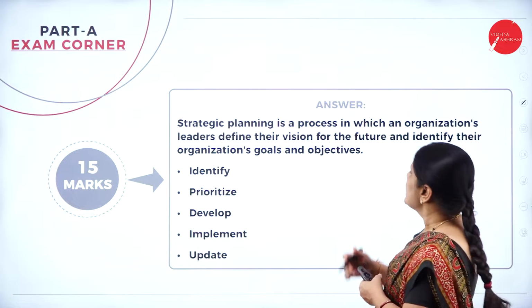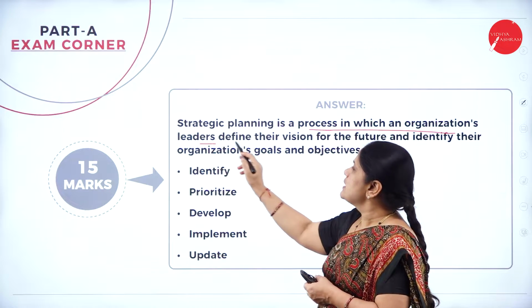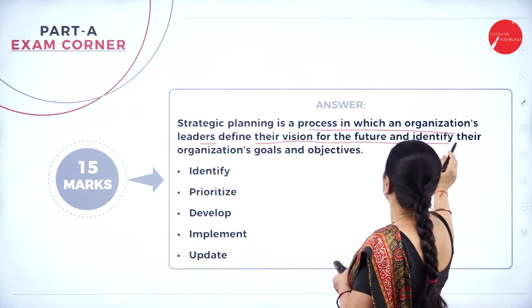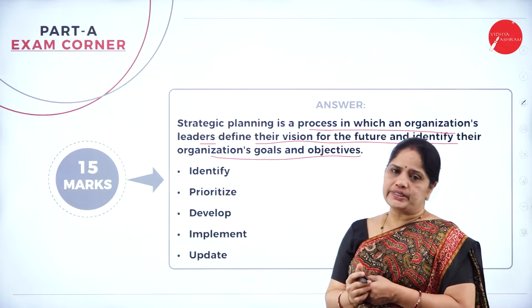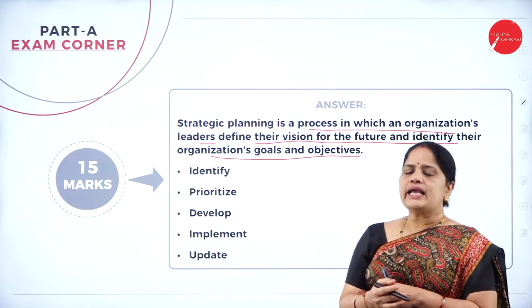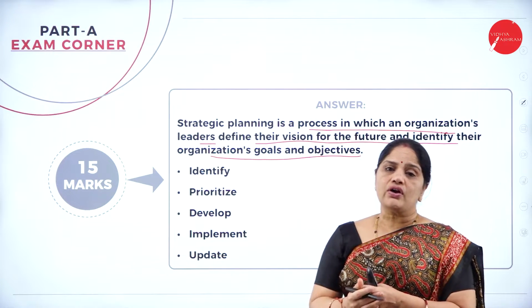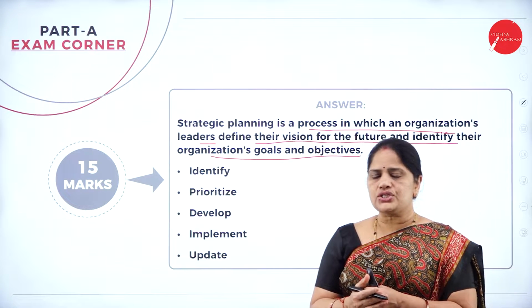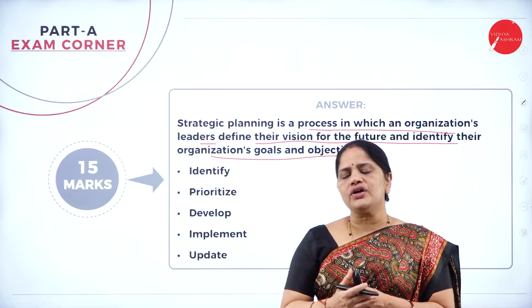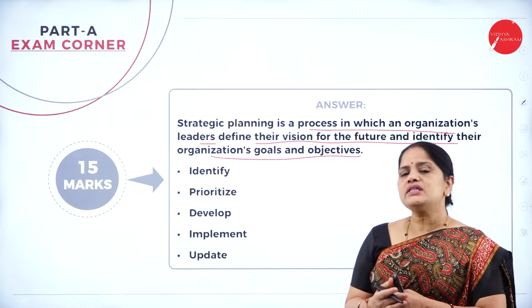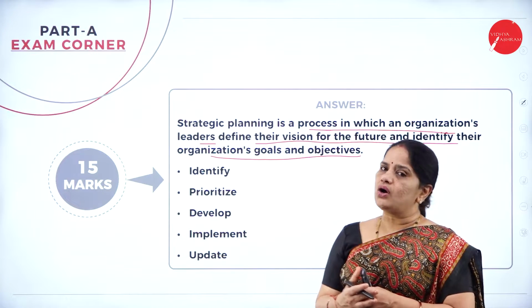The answer is, strategic planning is a process in which an organization's leaders define their vision for the future and identify the organizational goals and objectives. We all know that any organization, whenever it is set up, will be based on the vision of the founder of the organization. The founder will have a motive, so he will have a vision for the organization, and based on the vision, we will have the mission and the objectives and goals for the organization.